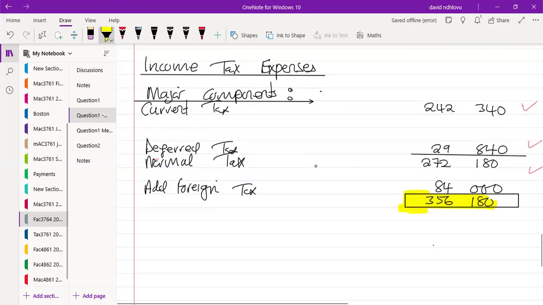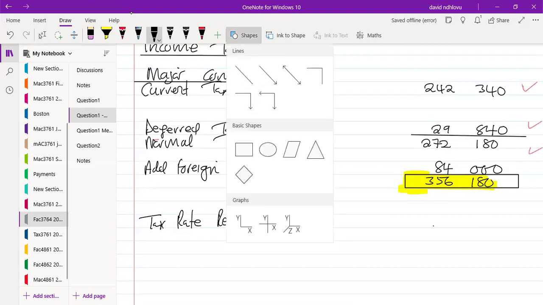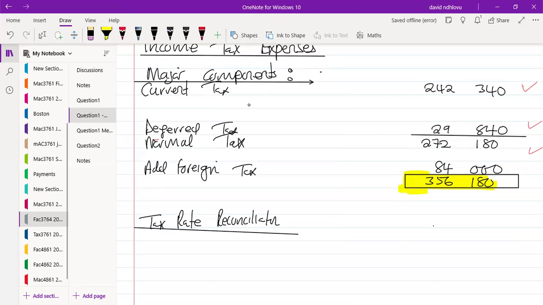Right, then the last thing that we need is what is called a tax rate reconciliation. Right, so here we are saying a standard tax. Right, we had profit before tax of 1,450,000. Multiply that by 28%.